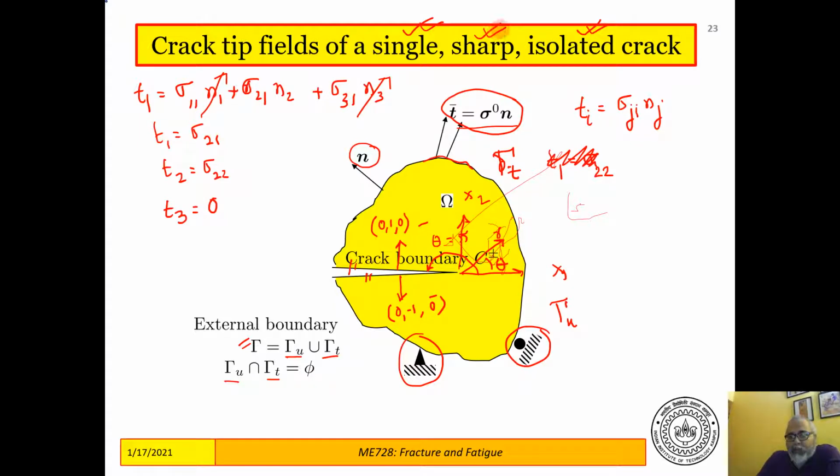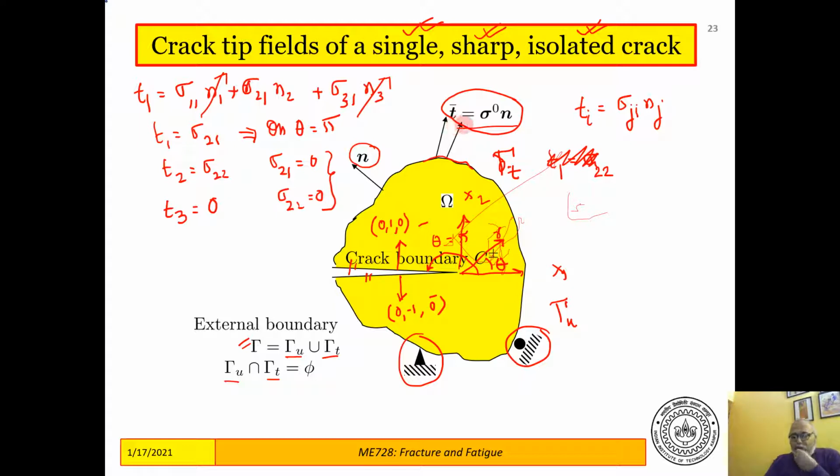Okay. So firstly, there is no out of plane traction. T3 is equal to 0, and T1 and T2 are sigma 2, 1 and sigma 2, 2, but T is 0 on the upper crack face, which implies that on theta equal to pi, sigma 2, 1 is equal to 0, sigma 2, 2 is equal to 0.